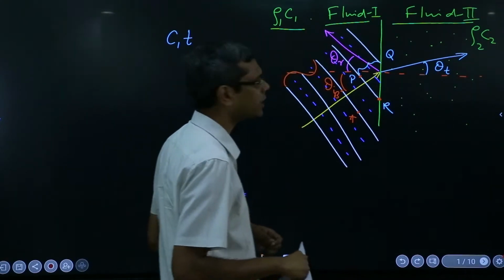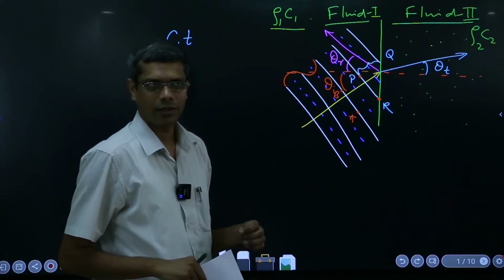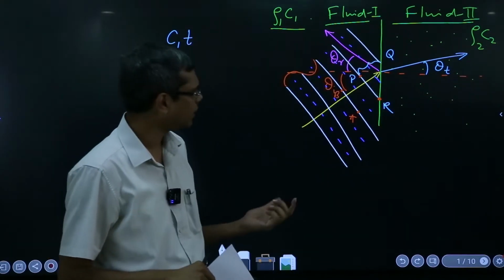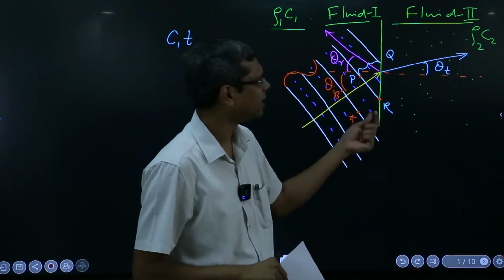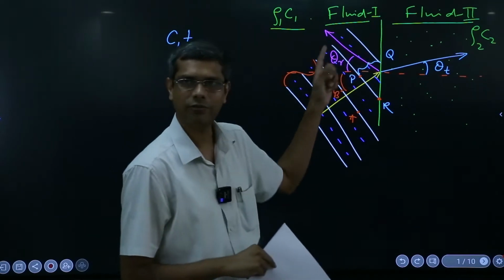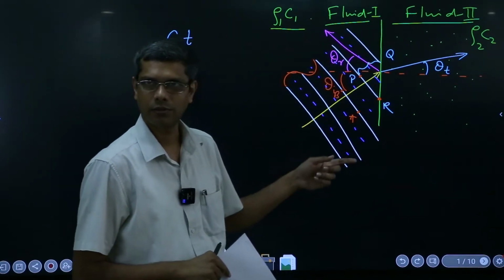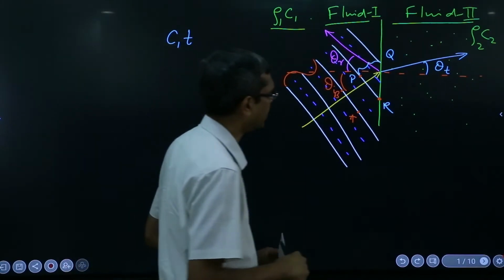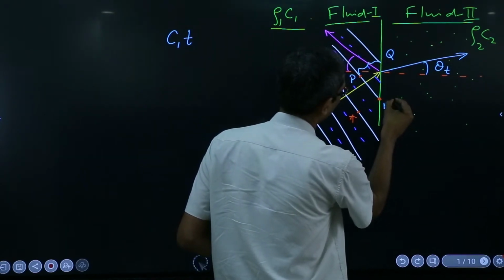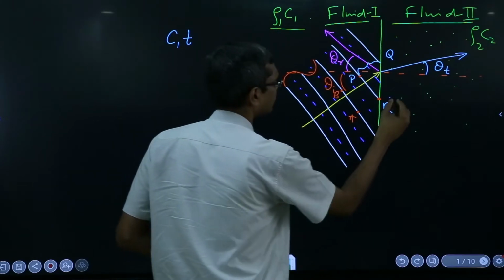During that time, assume that C2 is smaller than C1. Then obviously A would travel a lesser distance than what B would have traveled, because of the slow speed. So it will go somewhere here, a small distance, like that.